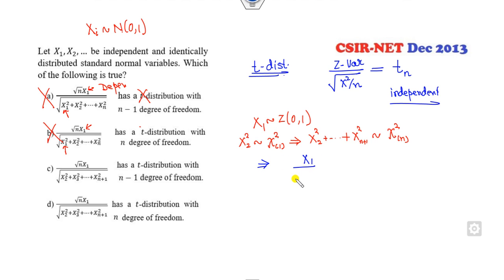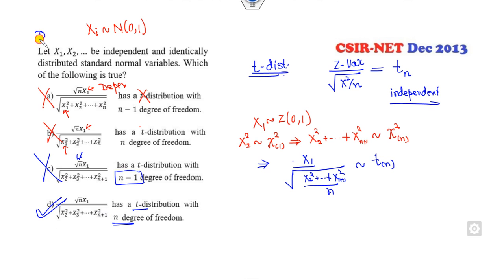If I say X1 divided by the square root of X2 square plus X n plus 1 square divided by the degree of freedom, it follows my T with n degree of freedom. So root of n I can write upside. He said n minus 1 degree of freedom. This option is cancelled. He said n degree of freedom. This option is the correct option. A and B options you can discard directly because they are not independent. But C and D are independent, so you can check it.